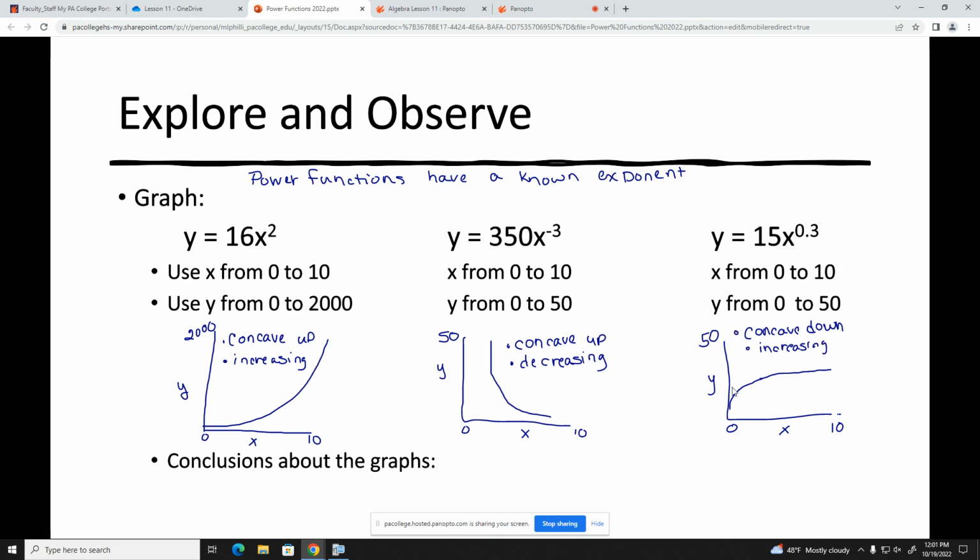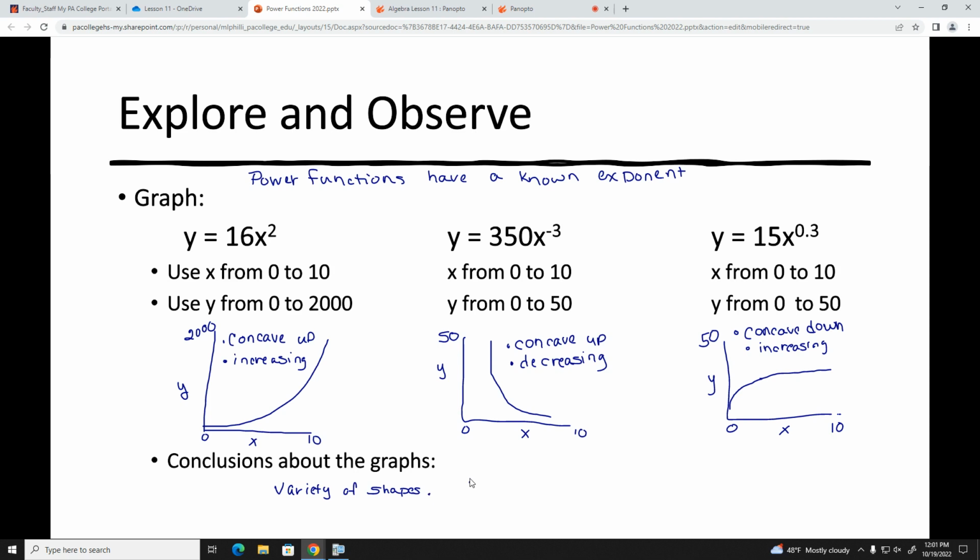So I'm asked to make some conclusions about the graph. What I have seen so far is that there is a variety of shapes.